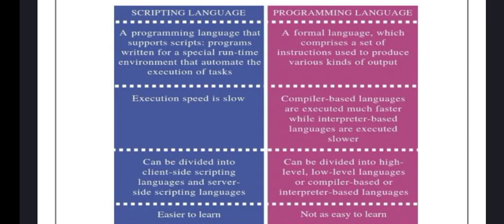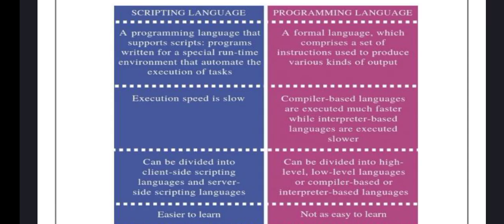In a scripting language, execution speed is slow. In a programming language, compiler-based languages are executed much faster, while interpreter-based languages are executed slower. A scripting language can be divided into client-side scripting language and server-side scripting language. A programming language can be divided into high-level and low-level language, or compiler-based or interpreter-based language.